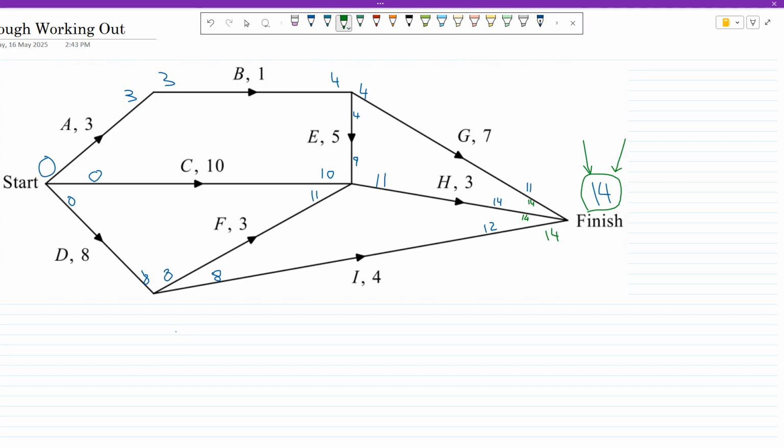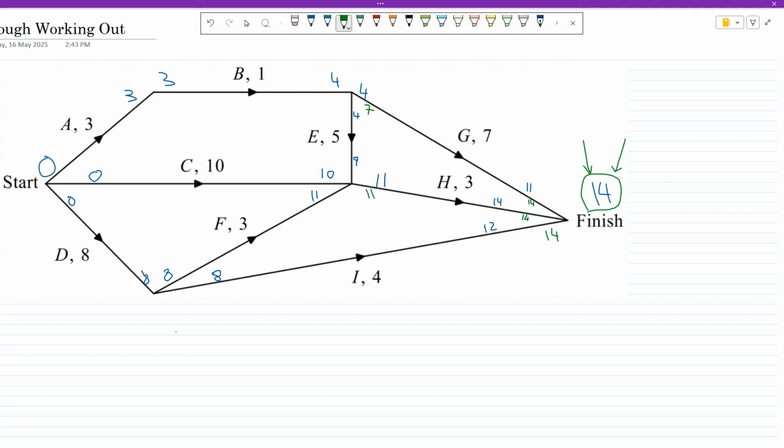So, if I want to finish G by day 14 and it takes 7 days to do, then when is the latest I can start G? I gotta finish by 14, takes 7 days, so the latest I can start it is 7. That's my latest starting time for activity G. Same with H. If I have to finish by 14, it takes 3 days to do, when's the latest that I can start it? 14 minus 3 is 11.